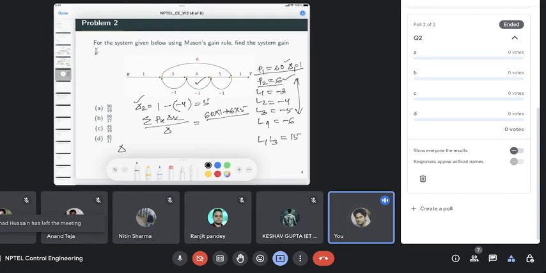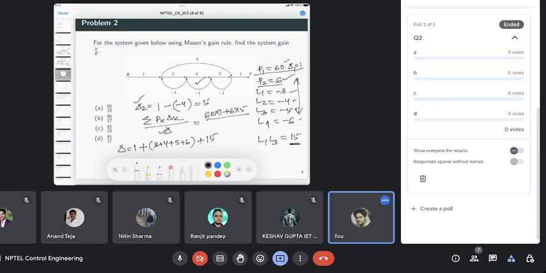We also have to compute delta for the denominator, which is simply 1 minus the single loop gains, which are -3, -4, -5, -6. So all will be plus with the minus sign. So we have 3 plus 4 plus 5 plus 6, and another 2 loops taken at a time.